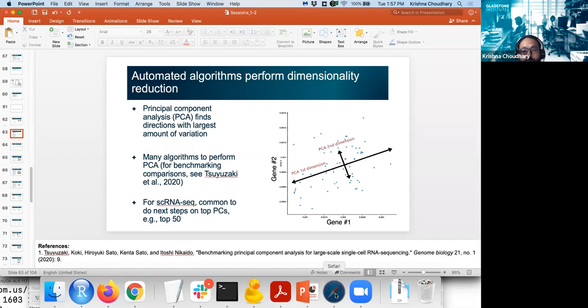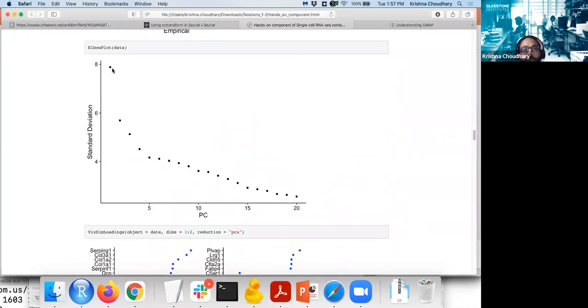So you can make this plot where each PC has a variance or standard deviation associated with it. And what we are looking at in this elbow plot is the way this variance decreases as we go from the first to the second PC to the third PC to the fourth PC.